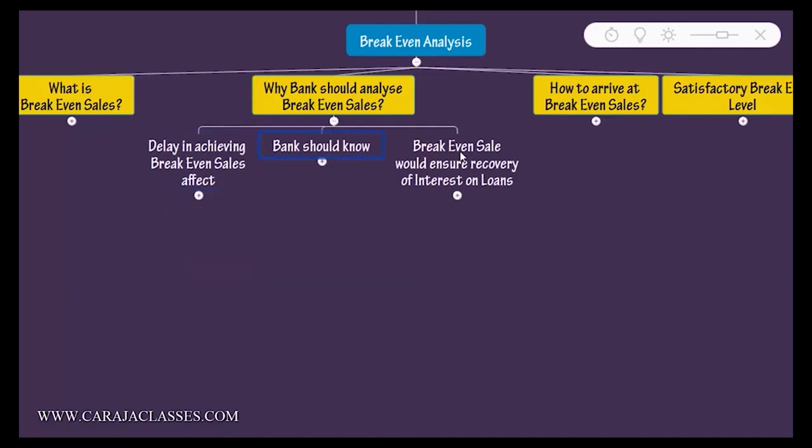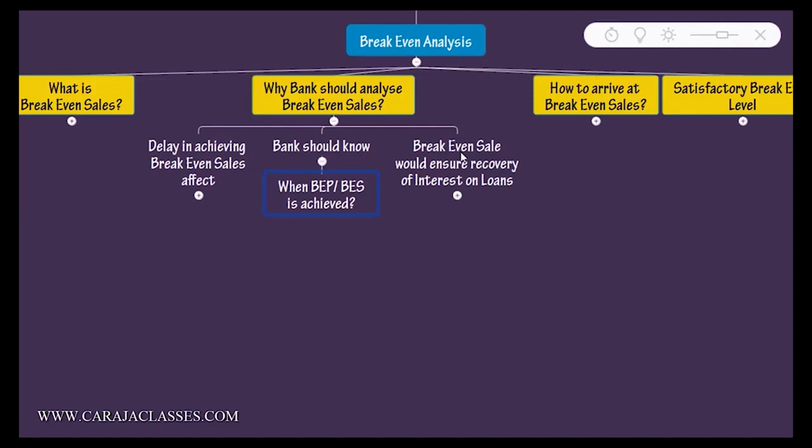So banks should know when break-even point or break-even sales can be achieved by the borrower. If there is going to be a substantial delay, then it is going to affect the repayment. Similarly, out of the total sale, how much percentage of sales constitute break-even sales?